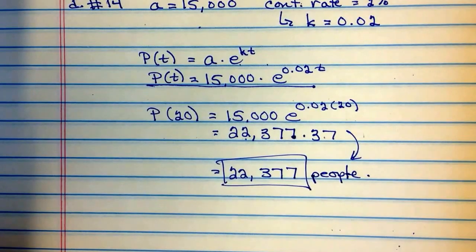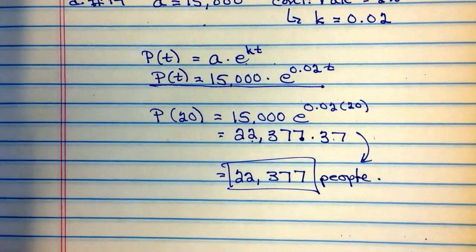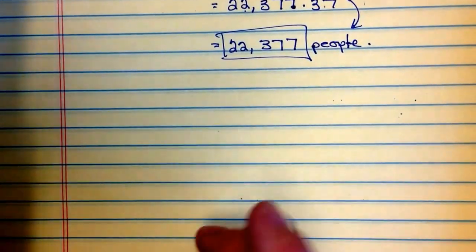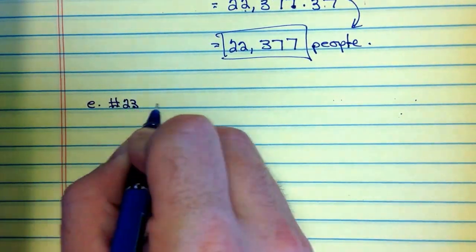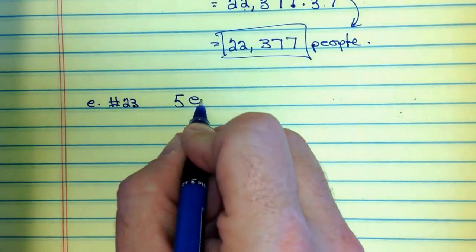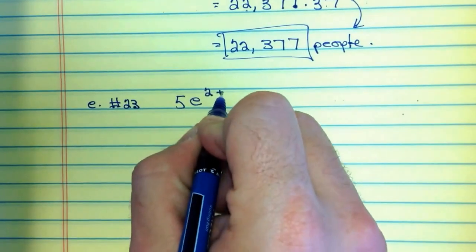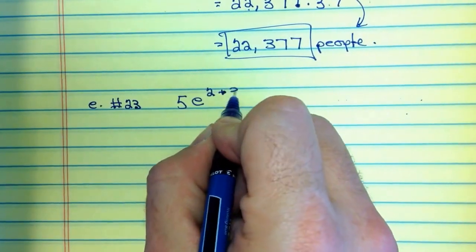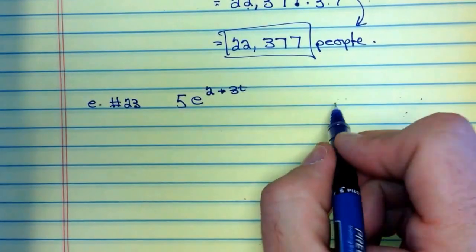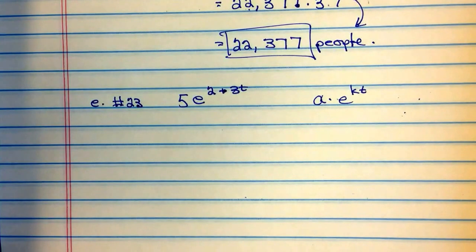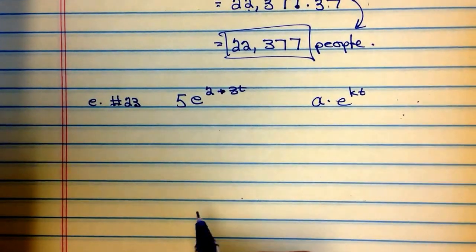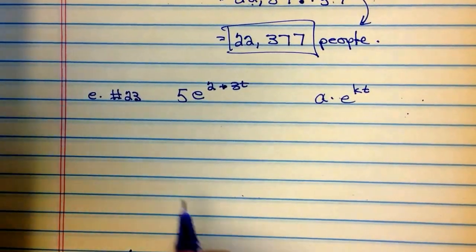All right, and finally, we'll do number 23. It says rewrite 5e raised to the 2 plus 3t in the form a times e to the kt. So this is just going to take us back to our rules of exponents. Y'all will never get out of chapter 6, will y'all?